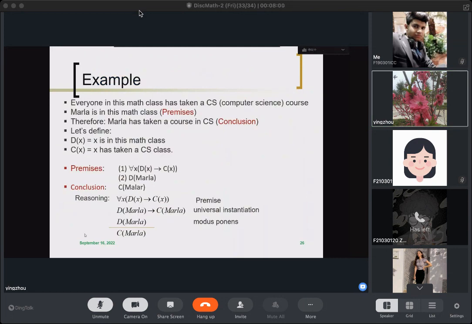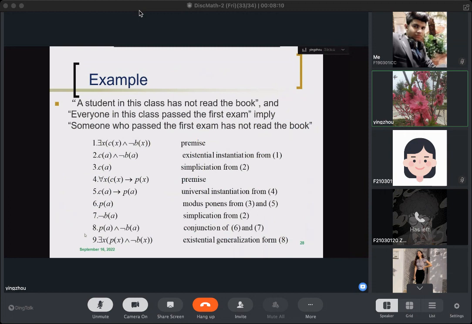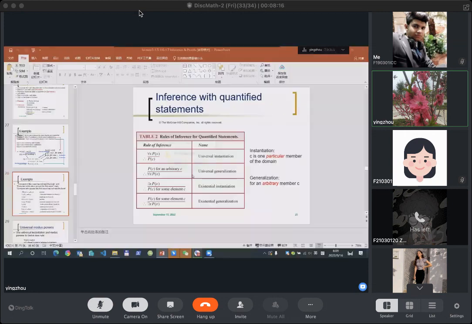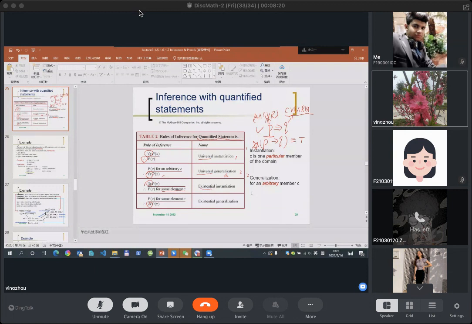Here is a special example, and we have many examples in later videos. Now we just pause for this. Now I give you a special video to continue to learn about these inference rules with quantifiers.